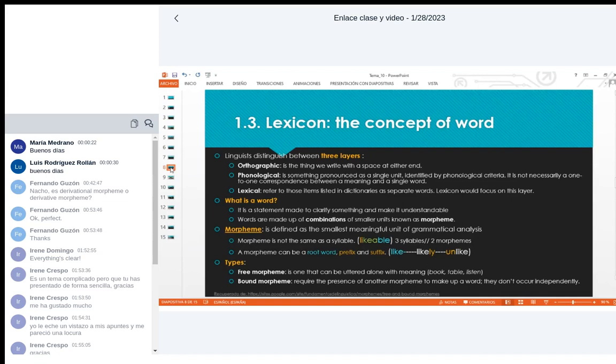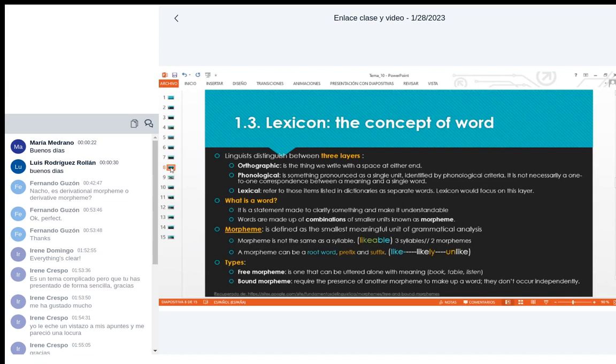They require a root to have a meaning. In this case, we'll be looking at bound morphemes as the prefixes or the suffixes. Now, the prefixes and the suffixes can also be different.